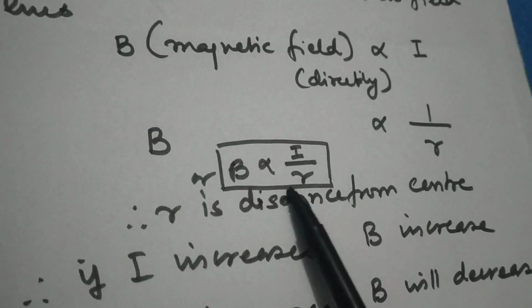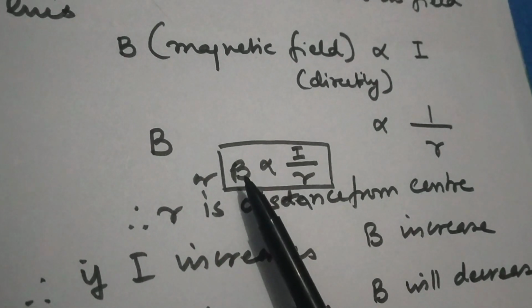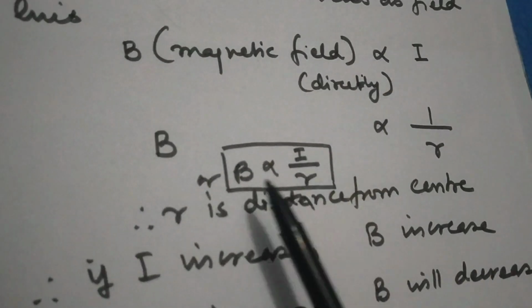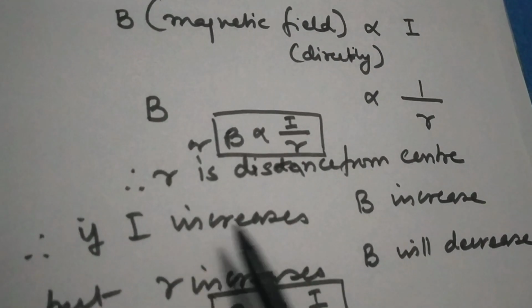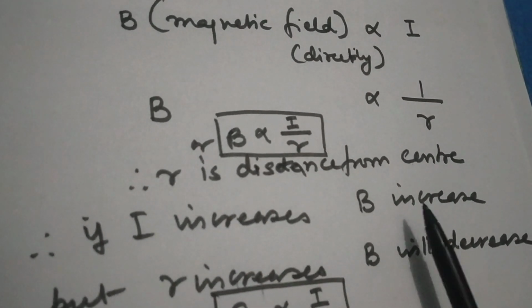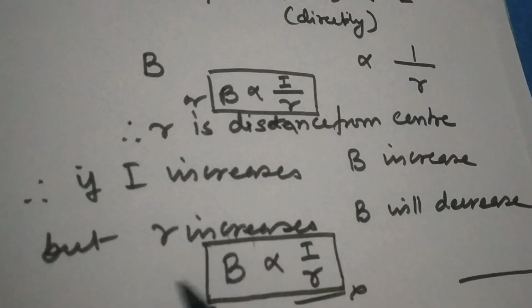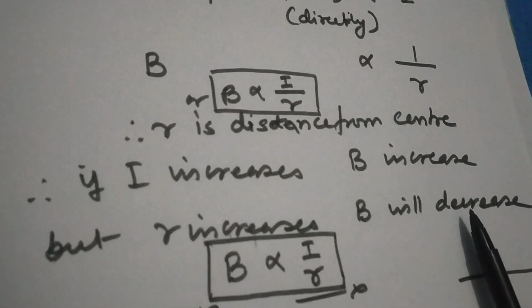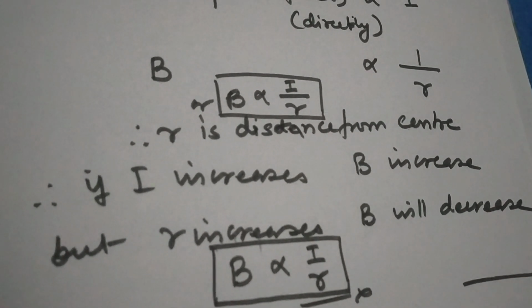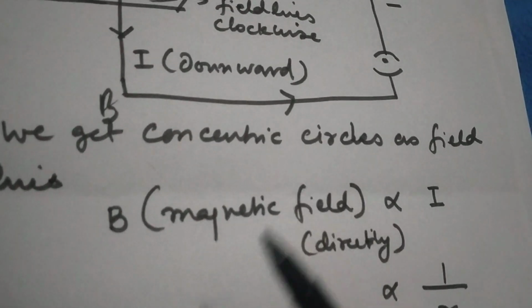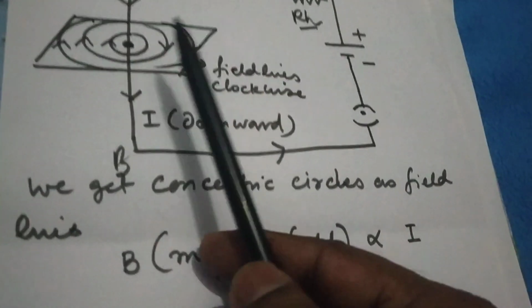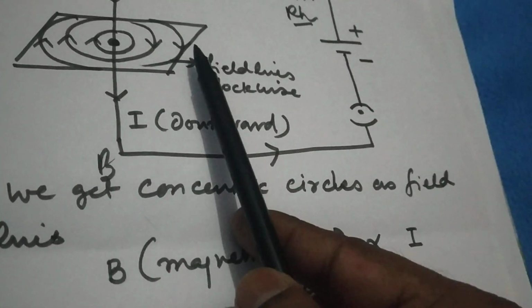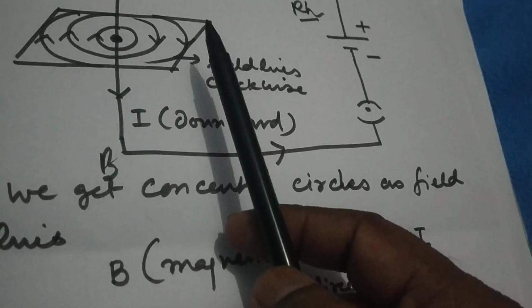So if the distance increases, the magnetic field decreases. It is inversely proportional. If the current increases, B, the magnetic field, increases. If R increases, the magnetic field will decrease, inversely proportional. So as we move away from the center, the magnetic field goes on decreasing.